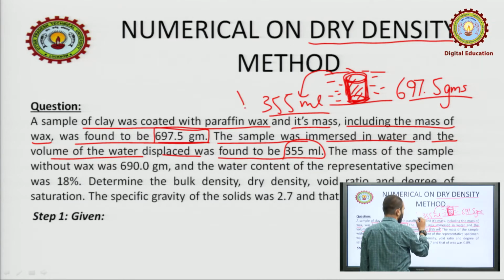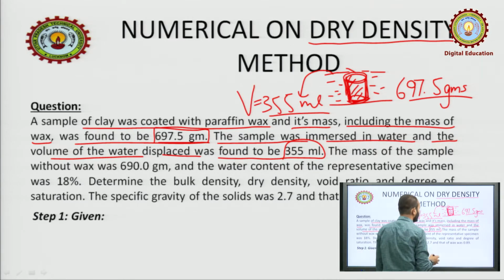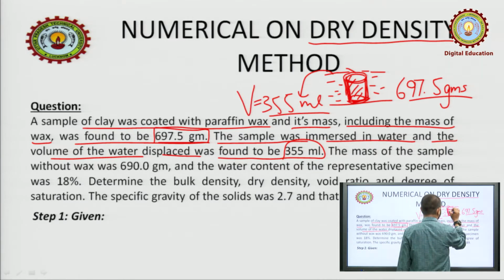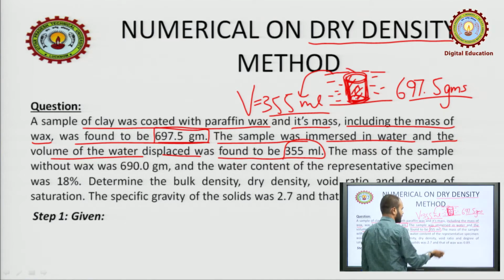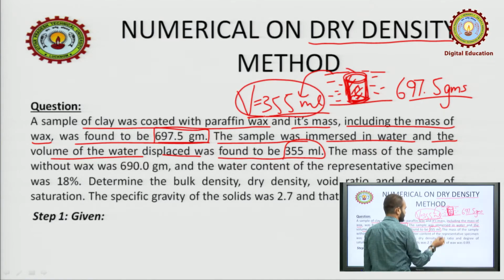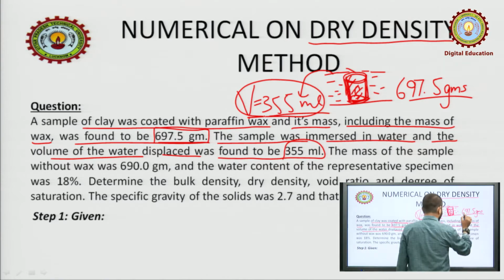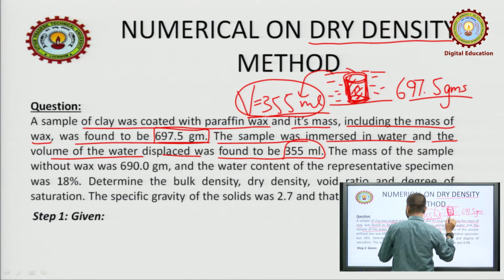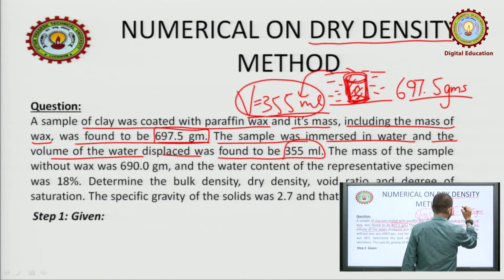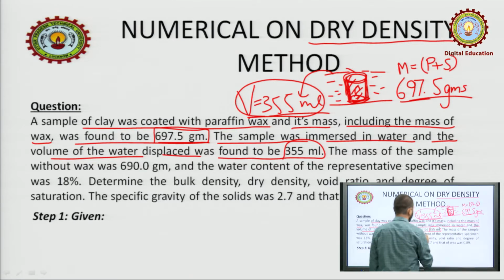This is the volume of the total mass, meaning soil plus paraffin wax. Total volume is this much. And this is your total mass, comprising the paraffin wax and the soil. This is total mass and this is the total volume.